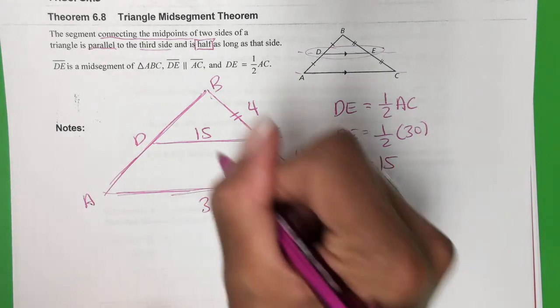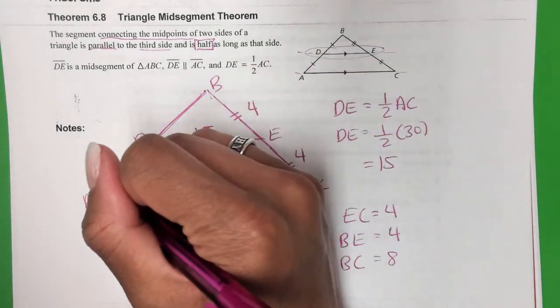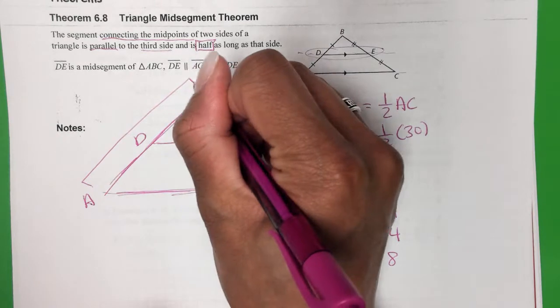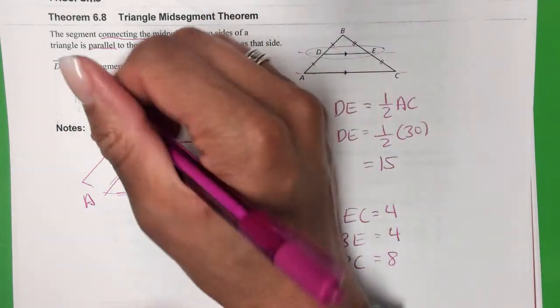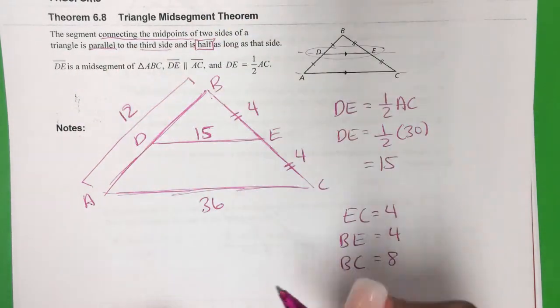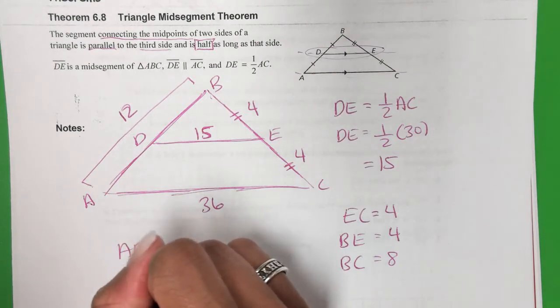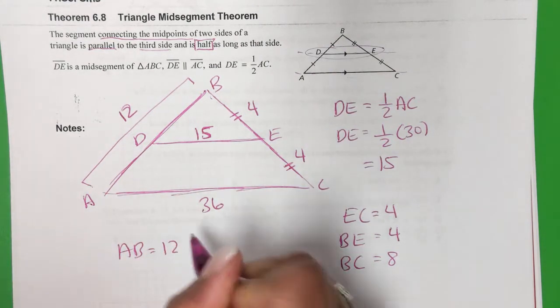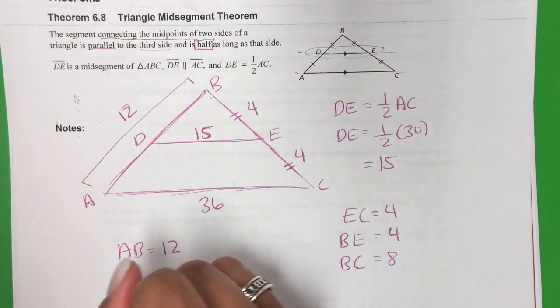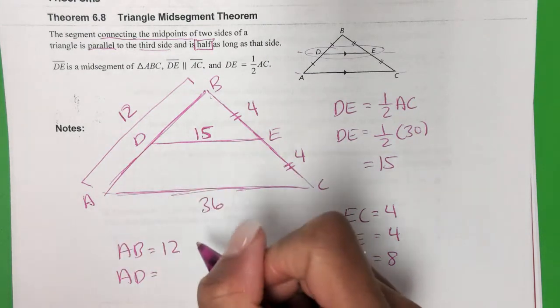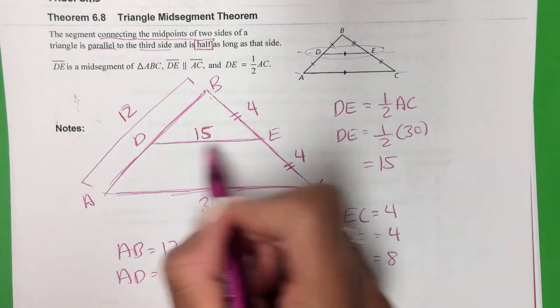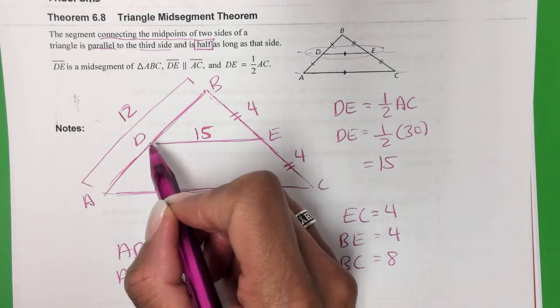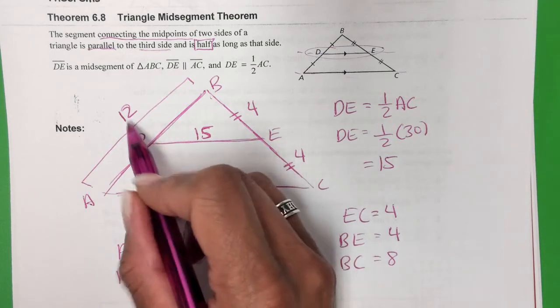Let's try the other side. Let's say the whole thing is 12. So AB equals 12. So what would AD equal? Well, if DE is the mid-segment, so it cuts this in half, that means this must be half as well.